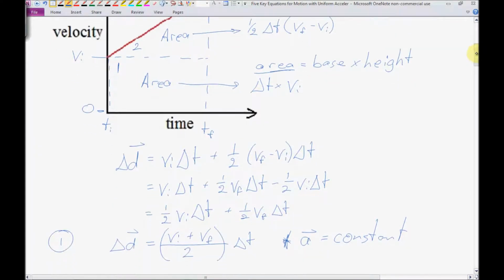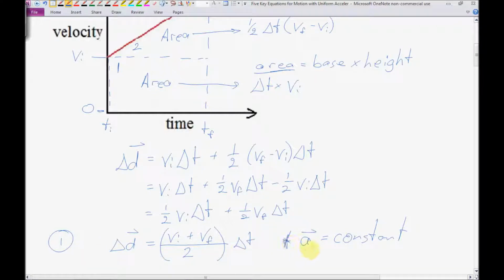Rearranging that equation, we arrive at displacement is equal to (vi plus vf) over 2 times delta t. Basically, we factored out the half and the delta t from both terms and combined it to create this equation here.